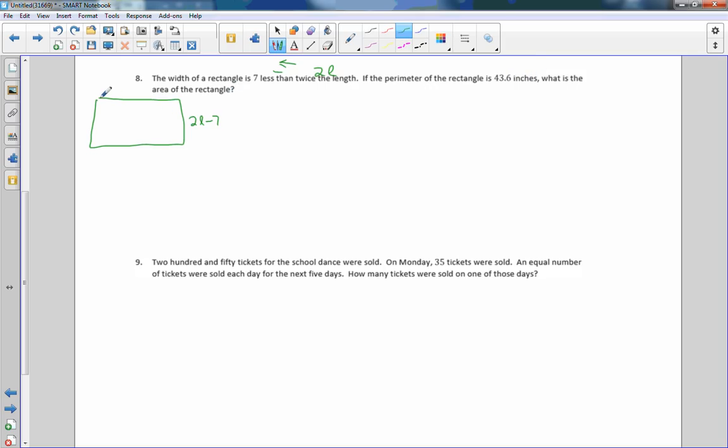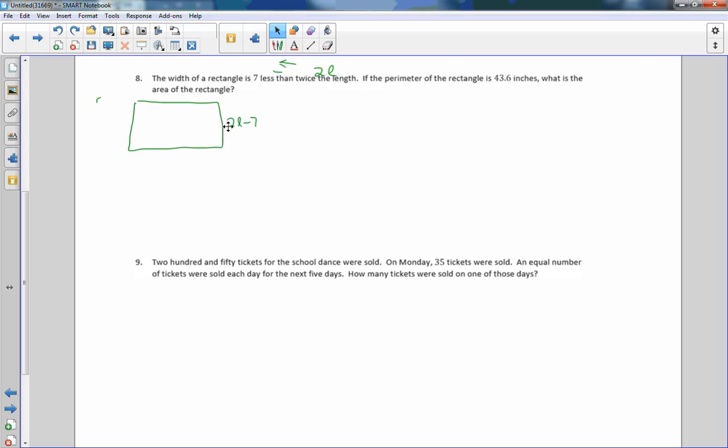Okay, good thing I drew a picture. There's a lot going on here. So if I know that this is 2L minus 7, then this is 2L minus 7.